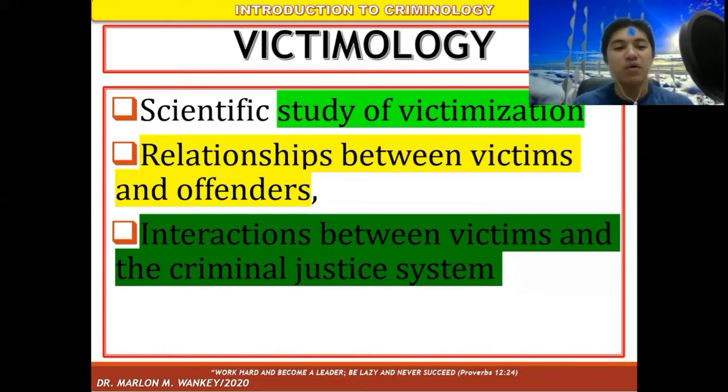Also how our justice system will help the victim to overcome any effects caused by the crime committed by the offender. A good example is how the victim may overcome the trauma of being a victim of rape. How can she bring back her normal way of life?